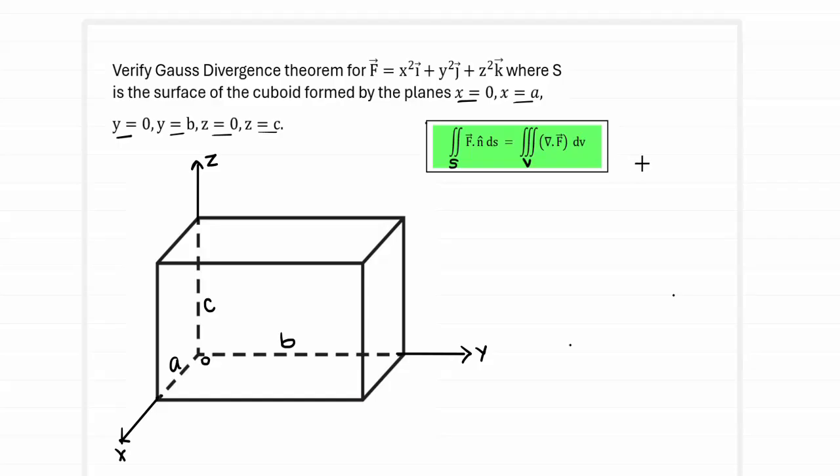Therefore, state the Gauss divergence theorem. By Gauss divergence theorem, double integral over S F dot n cap dS equals triple integral over V del dot F dV. So what is going to be the surface on which we are going to integrate the quantities and get the values done?